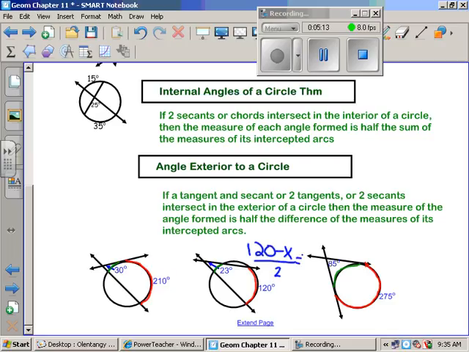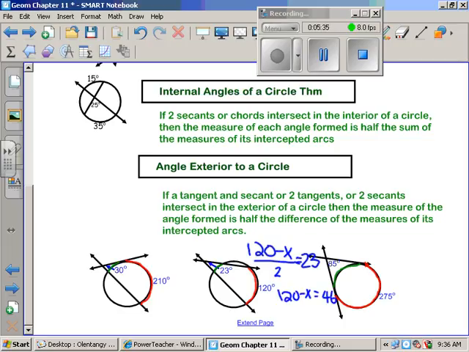Equals 23. Good. So it's the major arc minus the minor arc divided by 2 equals the external angle, the angle outside the circle. Right? So multiply by 2 on both sides, I get 120 minus x equals 46.